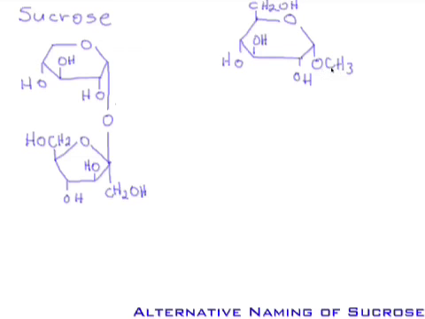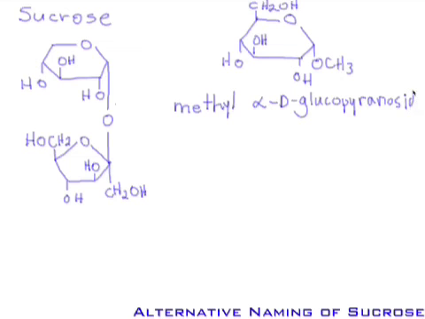But because there's no OH, because there's a methyl, we have an alpha D glucopyranoside, and we bring the alkyl group out front as a methyl. Well, we name the disaccharide alpha D glucopyranoside in much the same way.